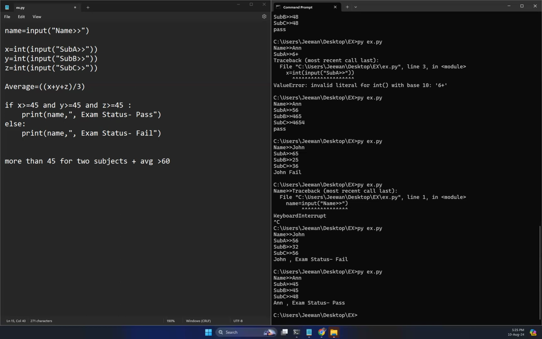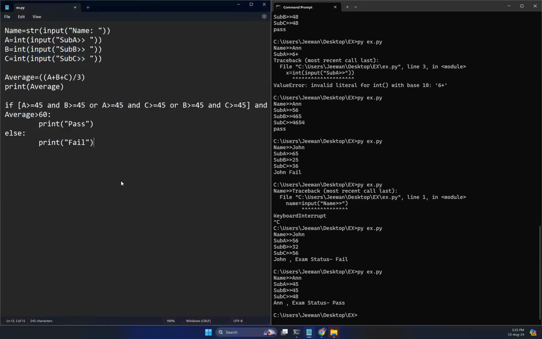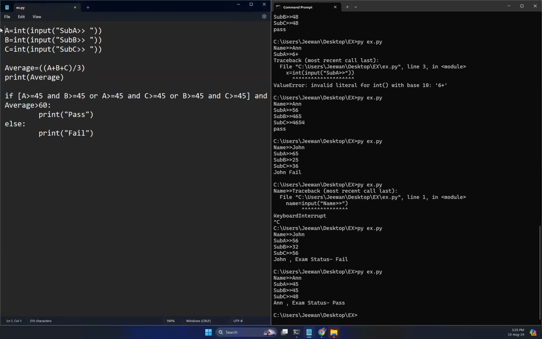How can you make sure that? Okay, let's see one by one. What is this? Mm, okay, you don't get the name. Okay, I'll just leave it for now.